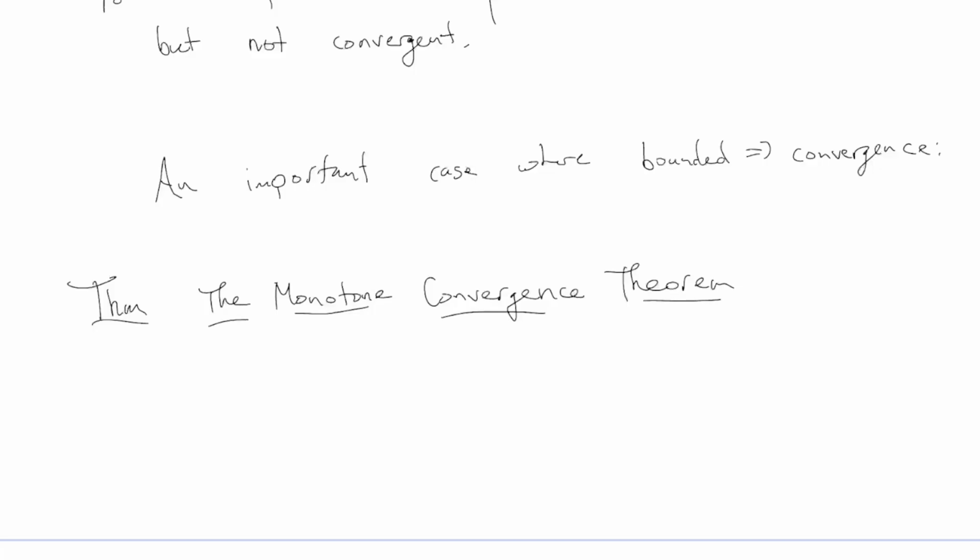And it says, if a_n is bounded and monotone, then it converges. All right. Usually bounded is not enough for converging, but bounded and monotone, actually, this does converge.